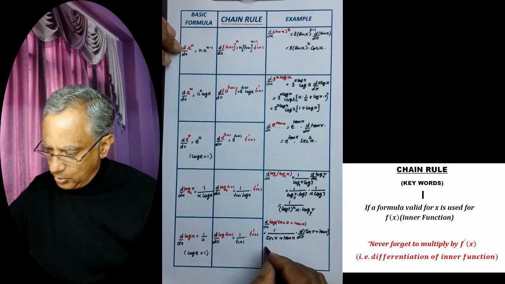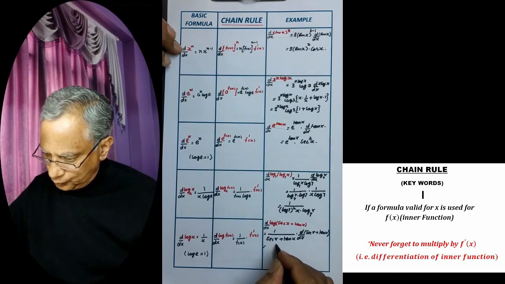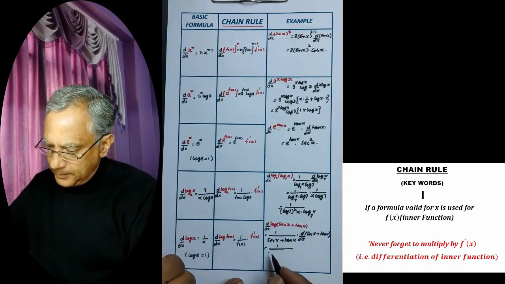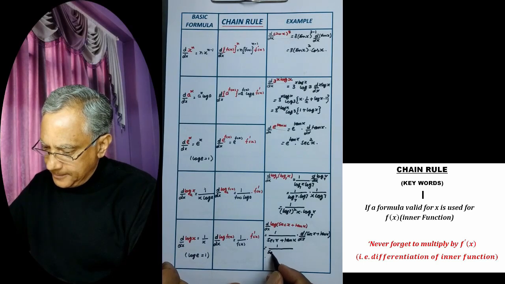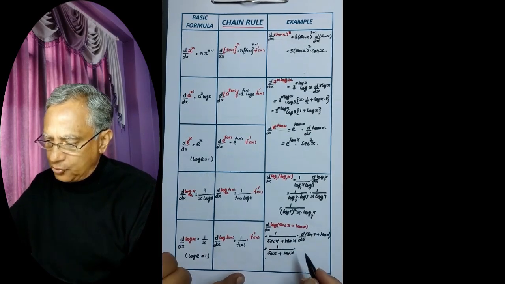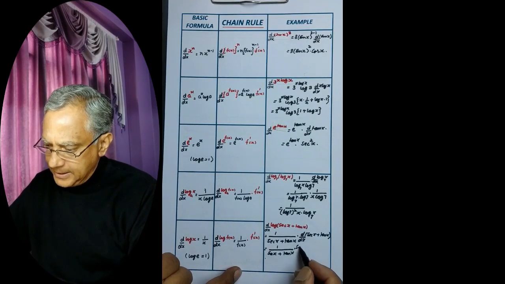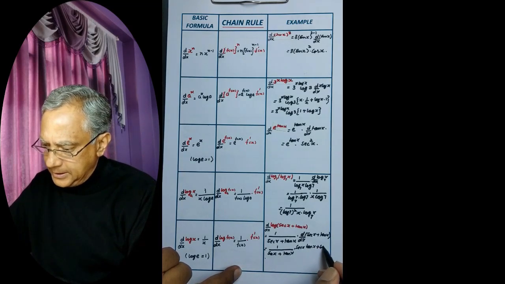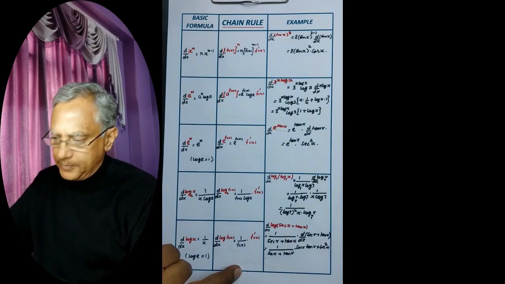So this will be equal to 1 upon secant x plus tangent x into d by dx of secant x, which is secant x tangent x, plus d by dx of tangent x, which is secant square x.